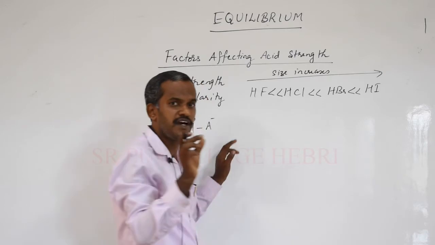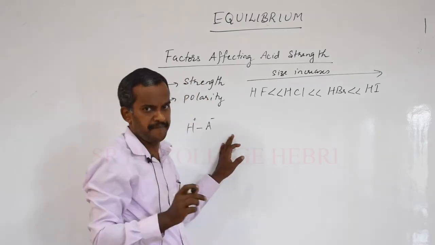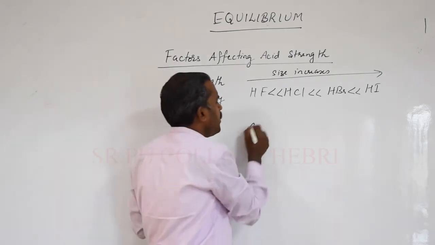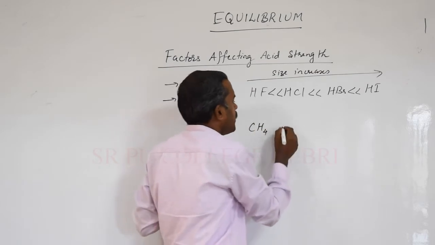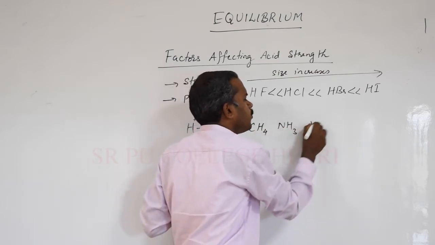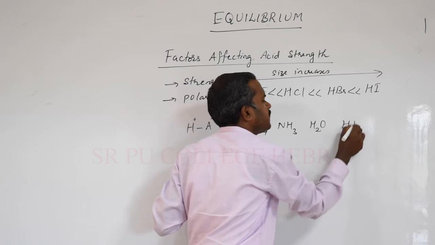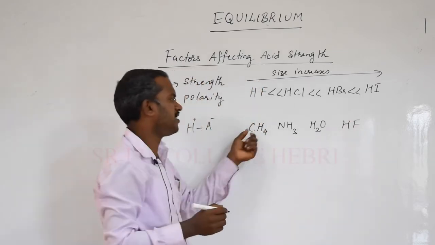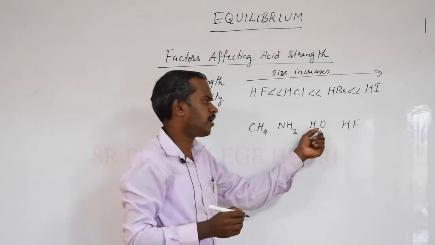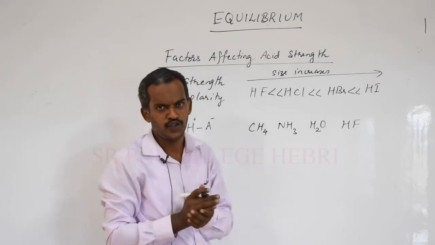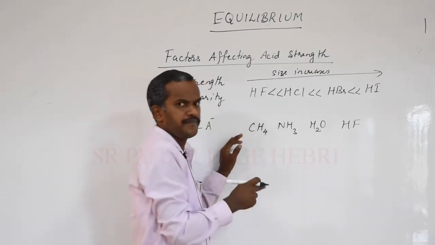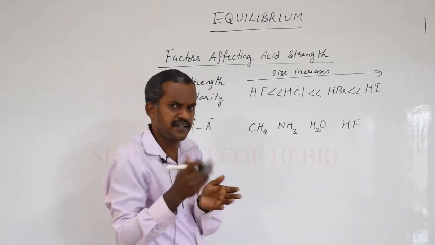Now consider the elements in the same period. Let me take the example of methane, ammonia, water and HF. Here carbon, nitrogen, oxygen and fluorine are in the same period, so along the period the atomic size is decreasing.